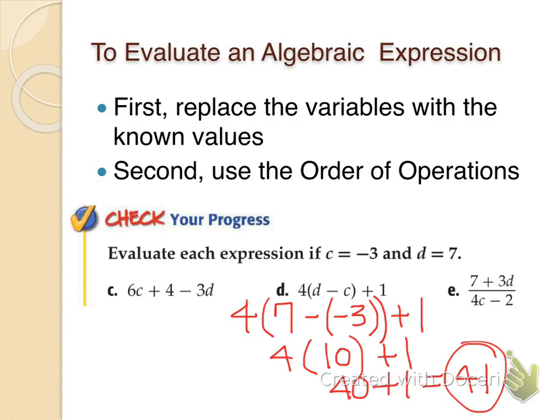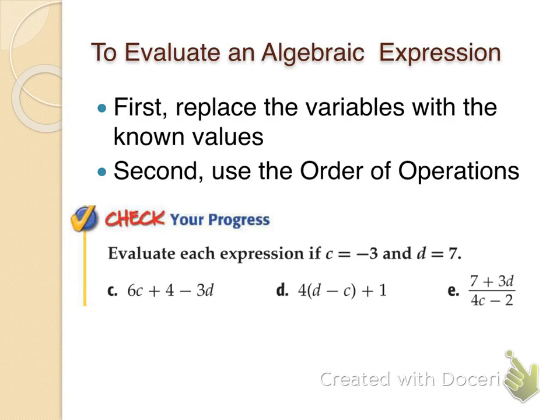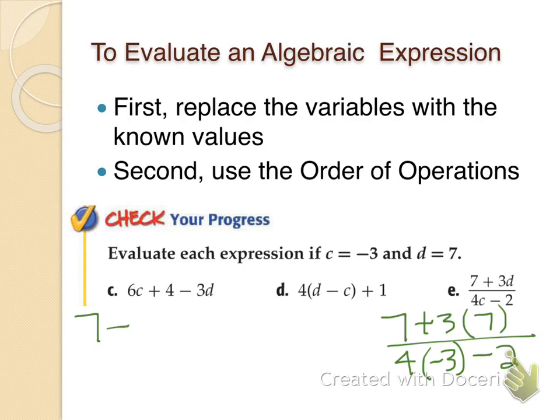All right, looking at the last one, example E. Example E says 7 plus 3 times D, which is 7, over 4 times C, which is -3, minus 2. All right, looking at just our numerator, 7 plus 3 times 7 is 21.